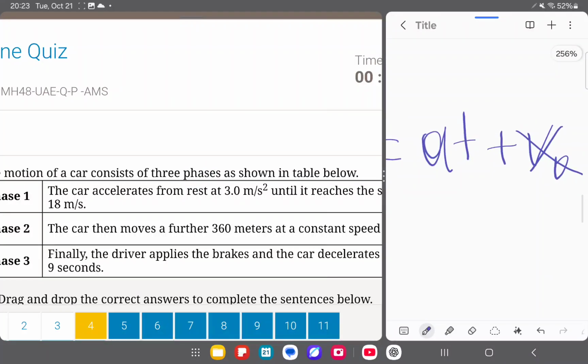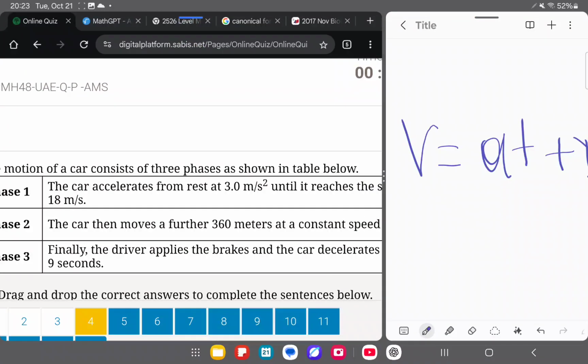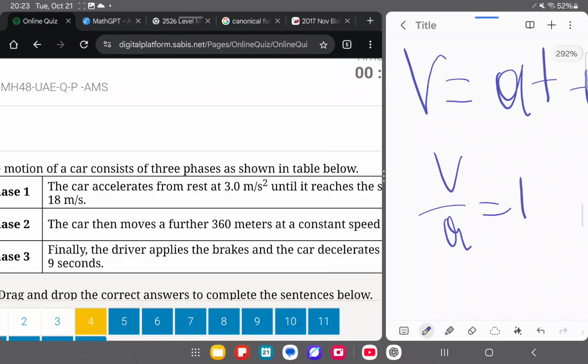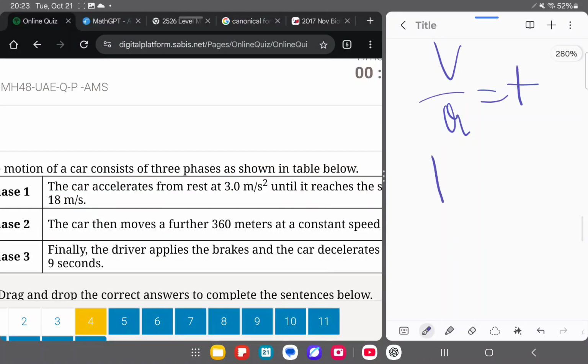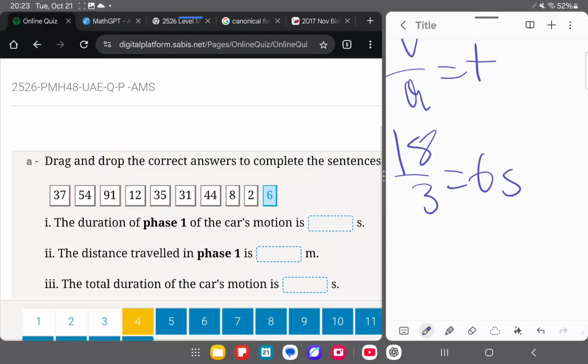So we'll just have V equals AT, and they're asking for the duration, meaning they want us to isolate time in this formula. So V over A is equal to T. V over here is 18 and A over here is 3. So 18 over 3 is equal to 6 seconds, because they gave it to us in meters per second. So 6 seconds.